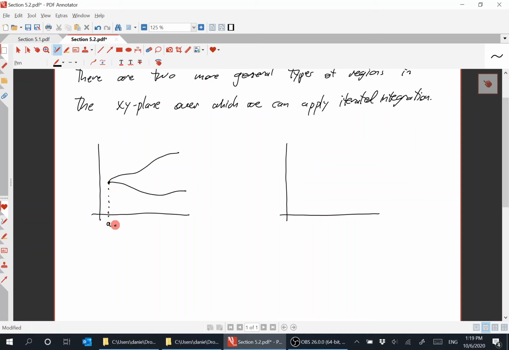Say this is x equal to a, x equal to b, and this is a function y equals f of x, y equals g of x. And we're interested in this region here.